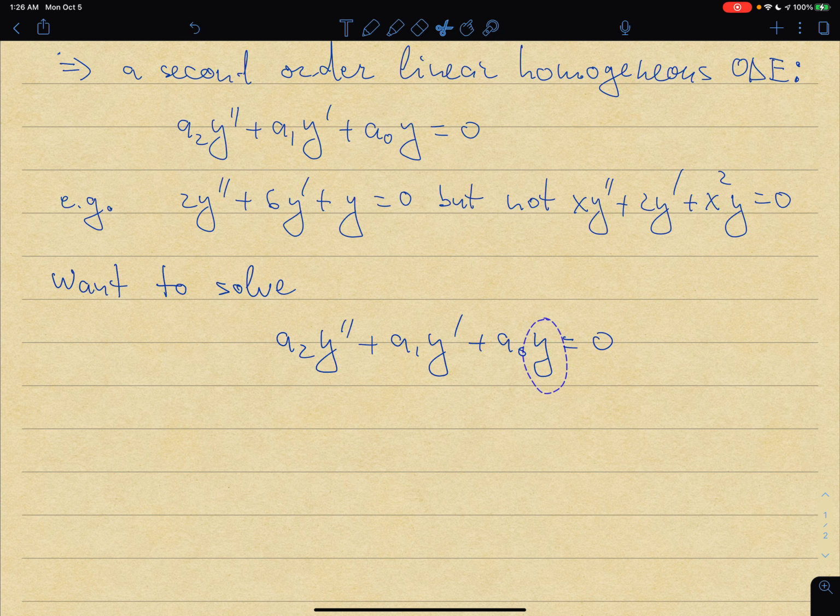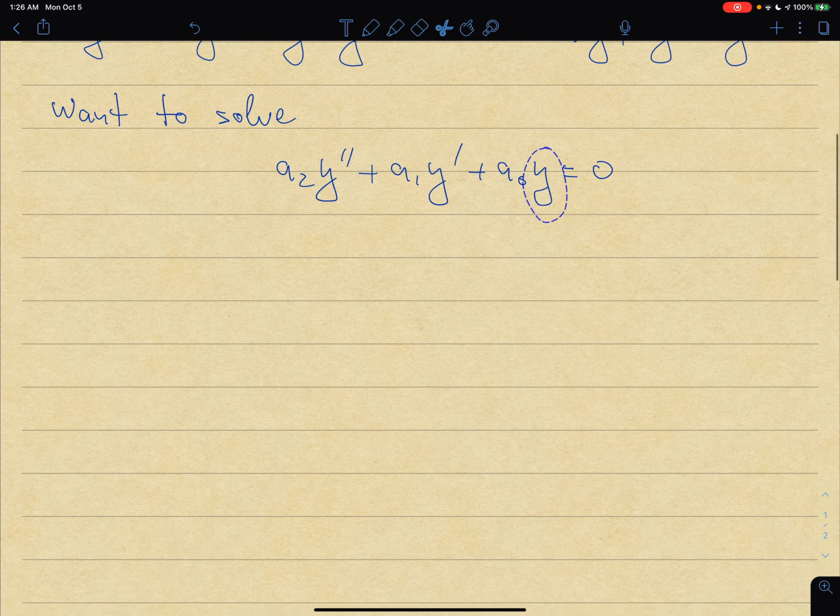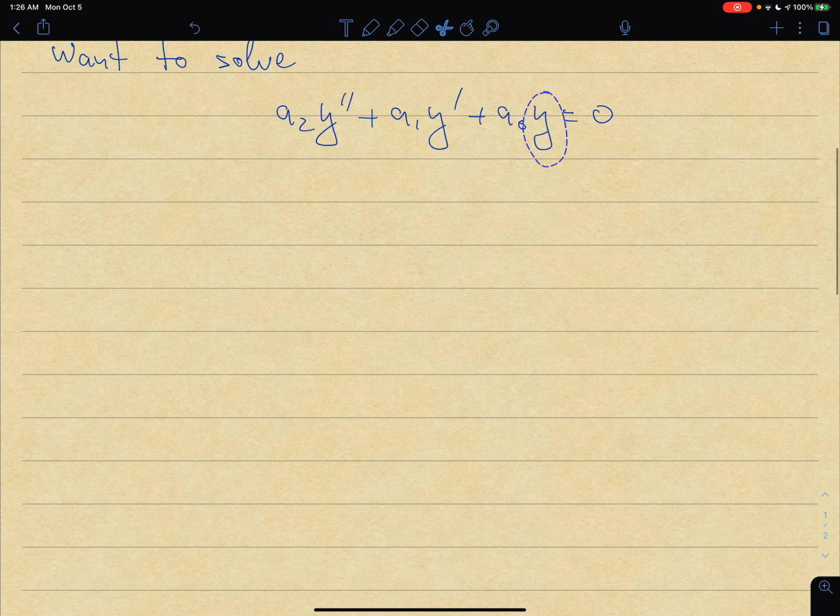And if you think about what type of functions will have this property that their derivatives are similar to the function itself, then an immediate example that comes to mind is an exponential function. And so we're going to try to find the solution in the form of an exponential function.